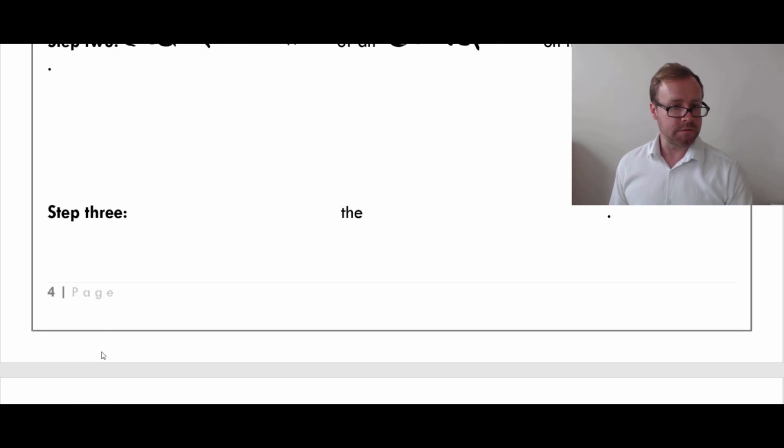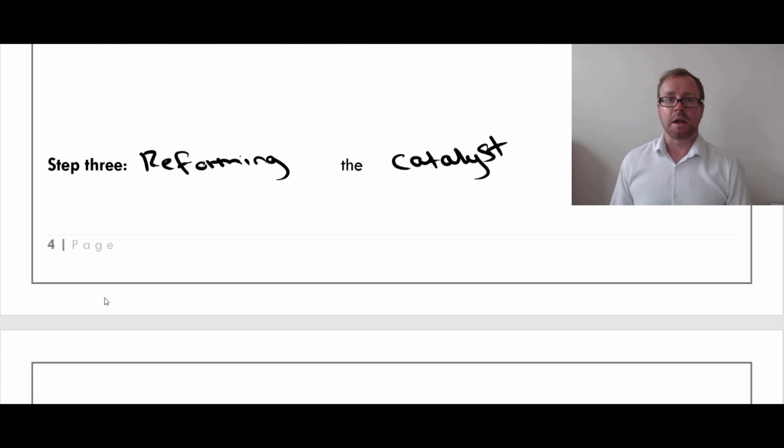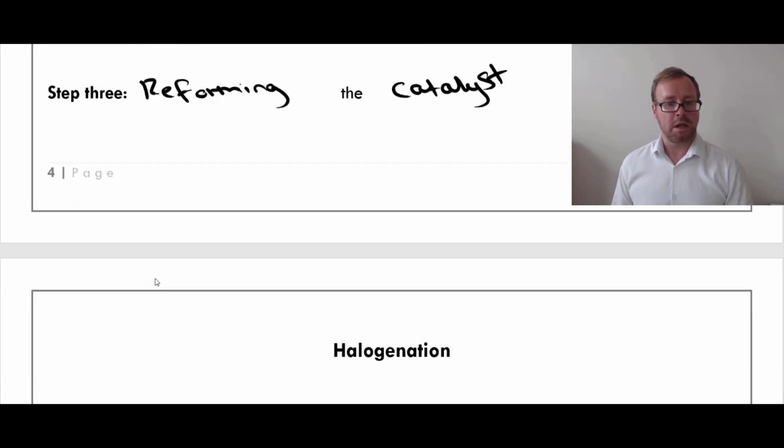And finally, step 3 is reforming the catalyst. Okay, right, so these are all going to be very similar, okay? But we need to go through all of them.